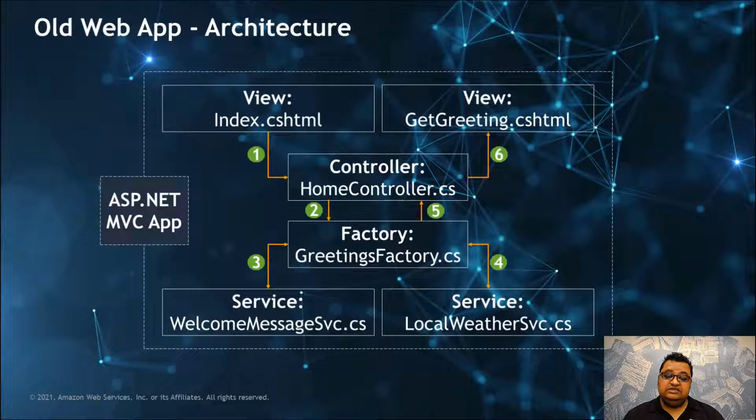First, it goes ahead and instantiates a welcome message service class, and it passes in the user's first name and returns a string, which is a greeting. Then once the greeting string is returned by the service class, the factory will go ahead and instantiate and invoke a local weather service class. That local weather service class will get a randomly generated weather report for the user's region.